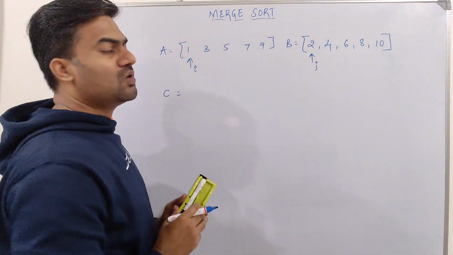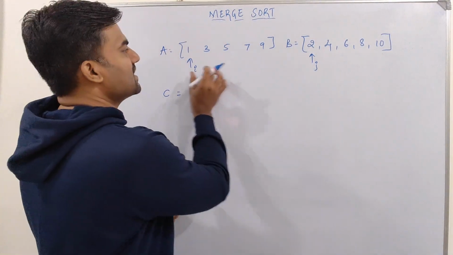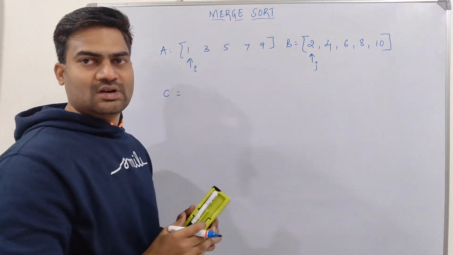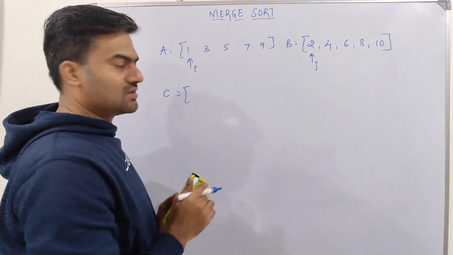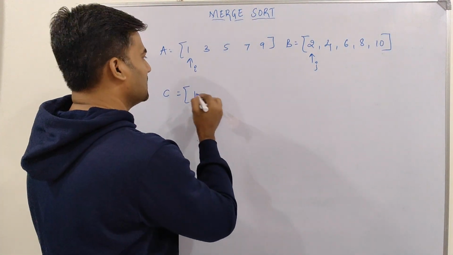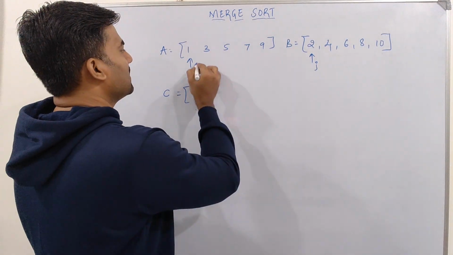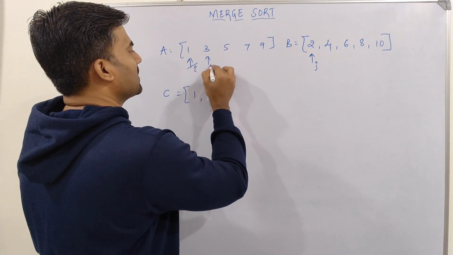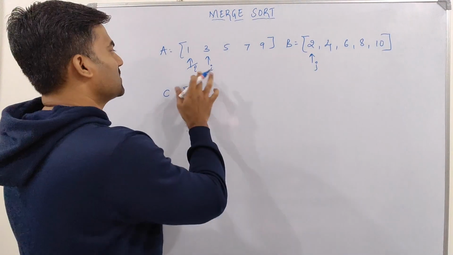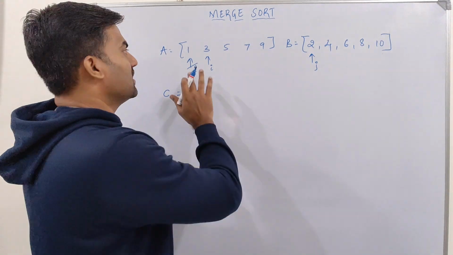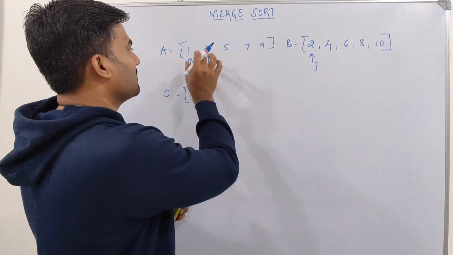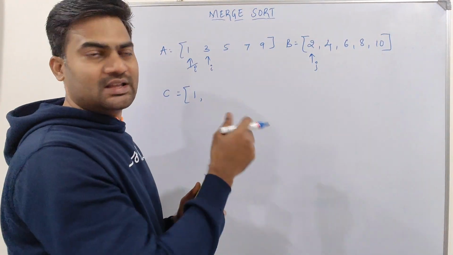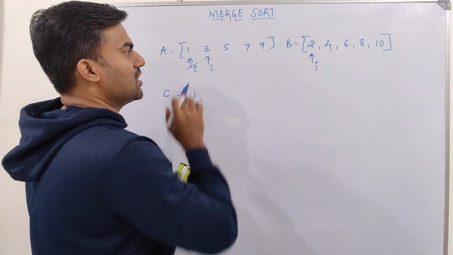Now I will check these two. Out of these two, which one is smaller? One is smaller, so I'll pick one. Then I will increment this pointer here, because I cannot leave this pointer here only. If I leave it, in the next comparison I will again compare with the same number. So I need to increase this particular pointer.